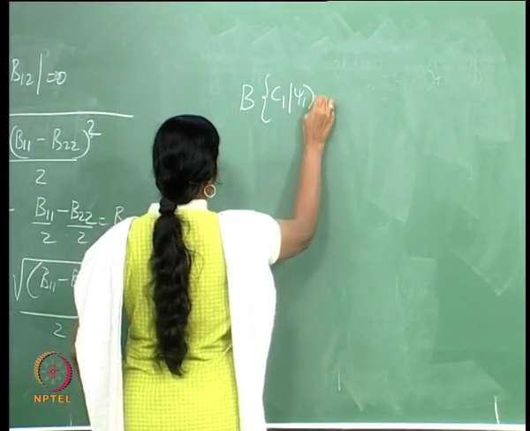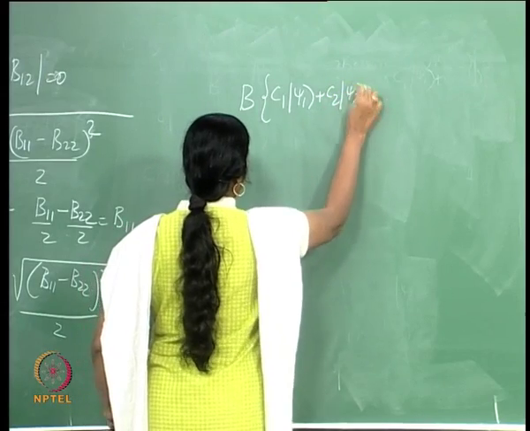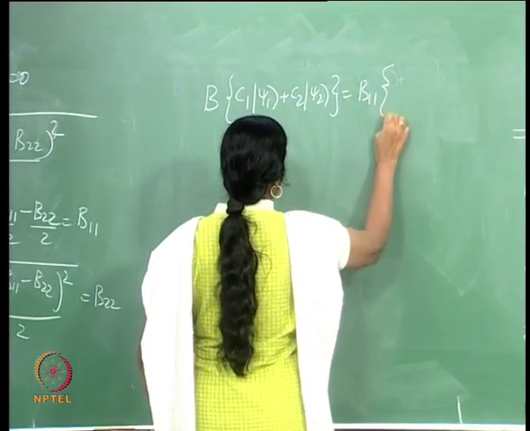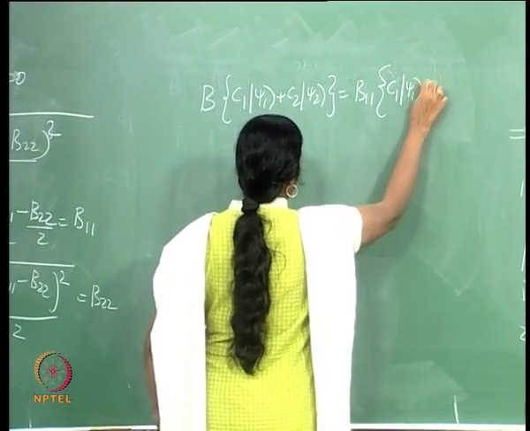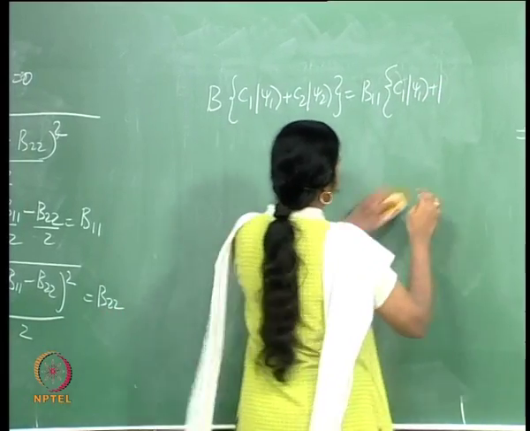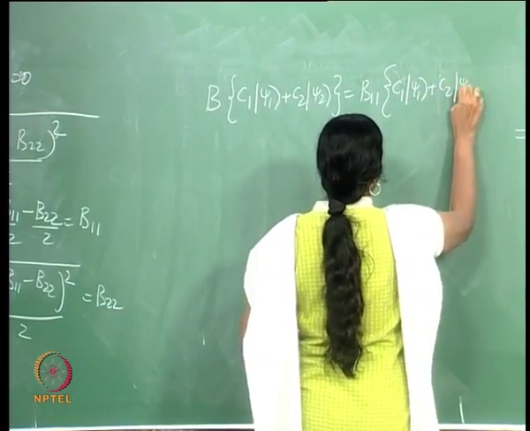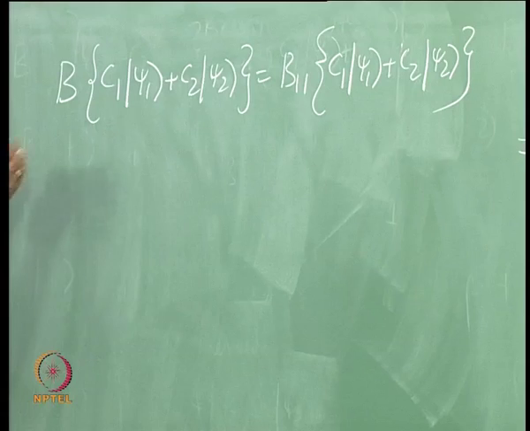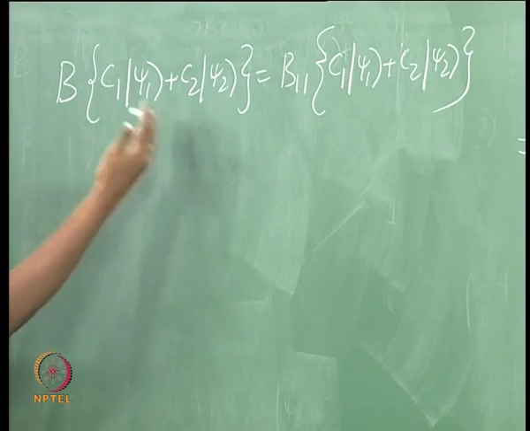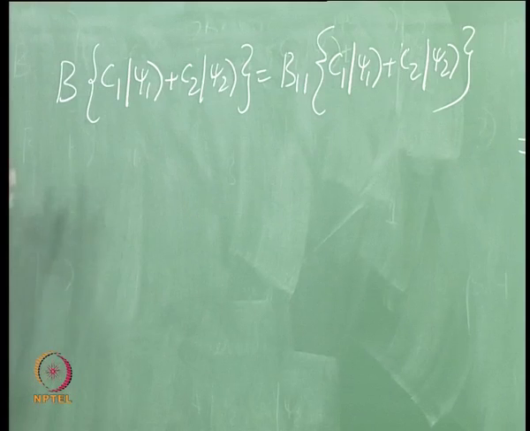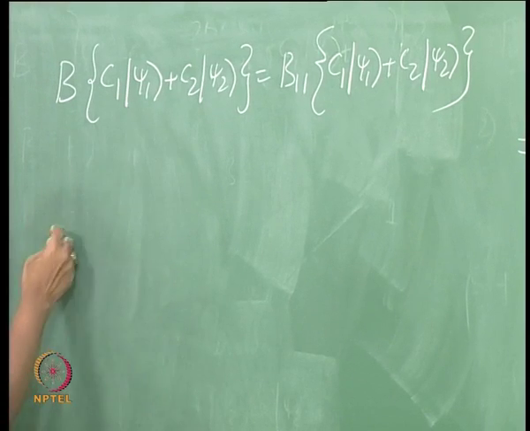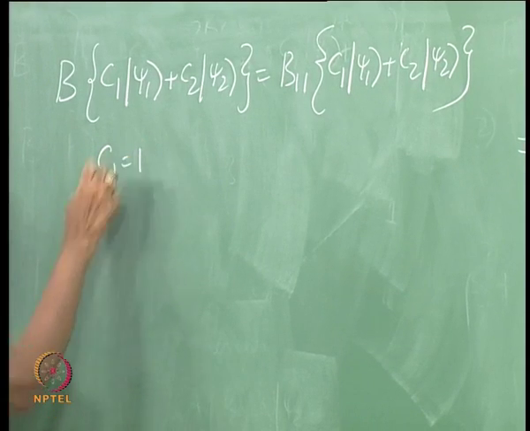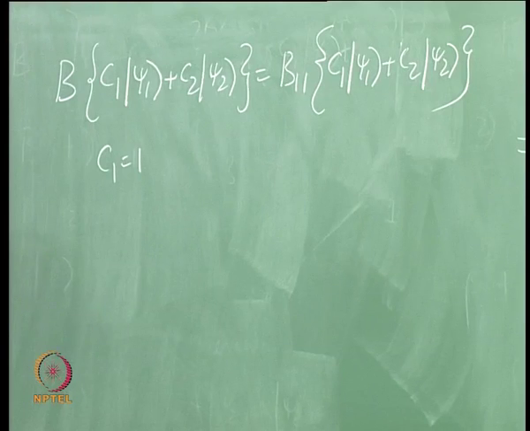C1 psi 1 plus C2 psi 2 is equal to B11 times C1 psi 1 plus C2 psi 2. So, let me consider this. Similarly, I have another eigenvalue B22 and I have some superposition. So, let me consider this and let me look at C1 equals 1 and fix C2.